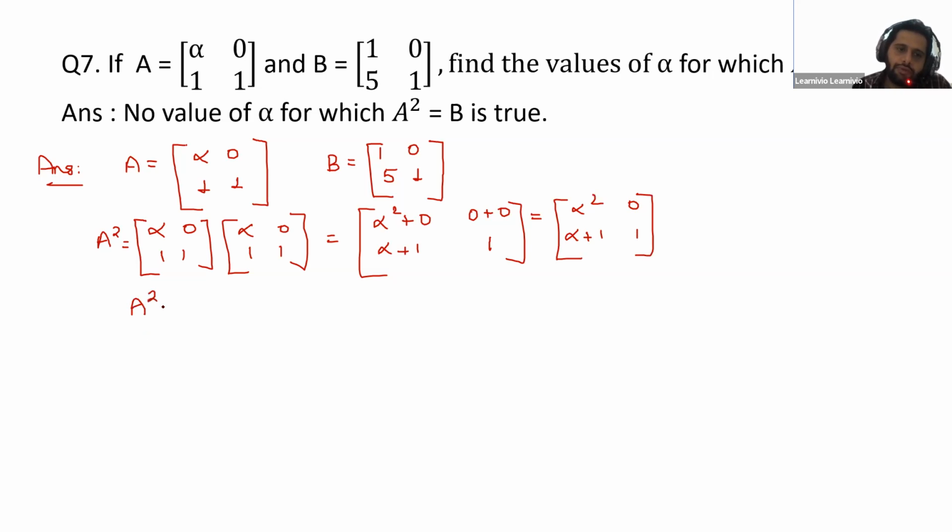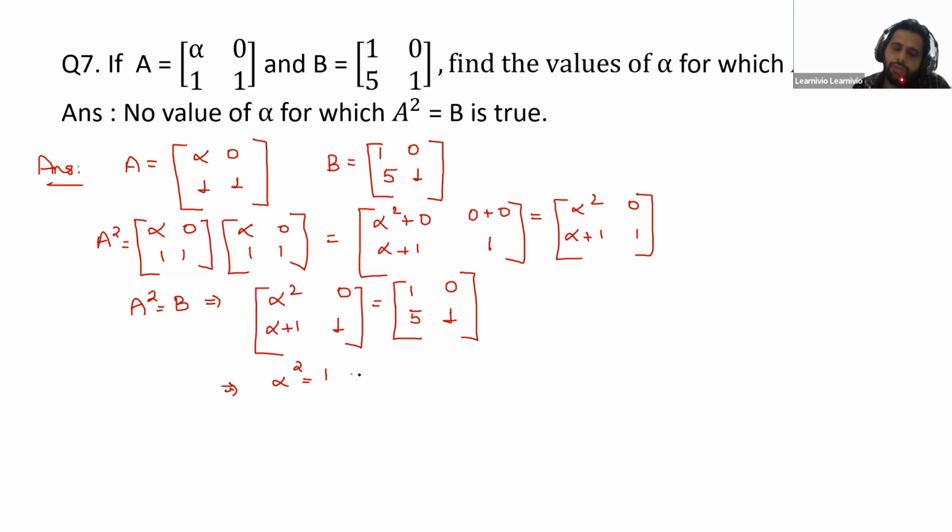We have A square is equal to B. So what is A square? A square is alpha square 0, alpha plus 1, 1 is equal to B. What is B? 1 0 5 1. Okay, so from here we get alpha square is equal to 1, which gives alpha is equal to plus minus 1.